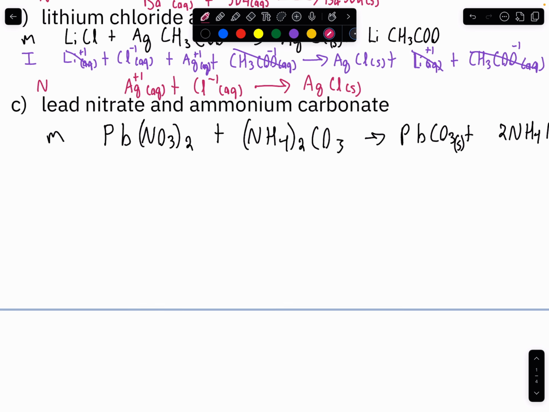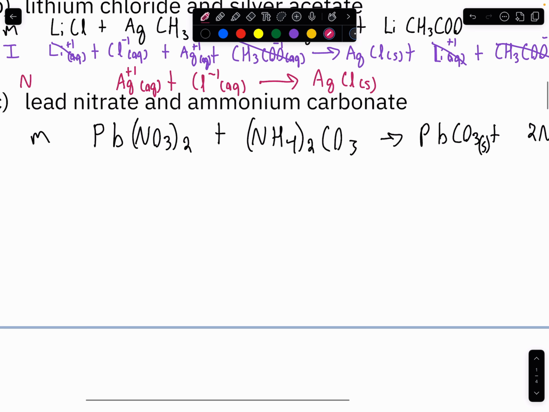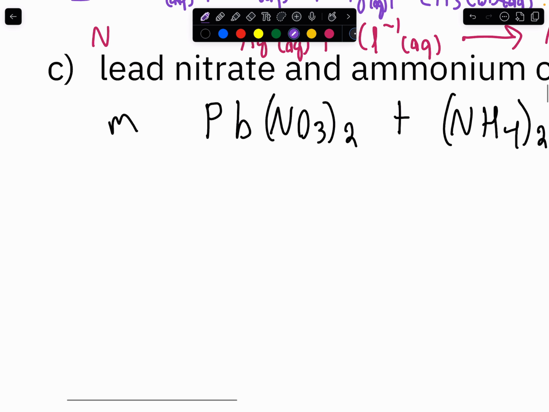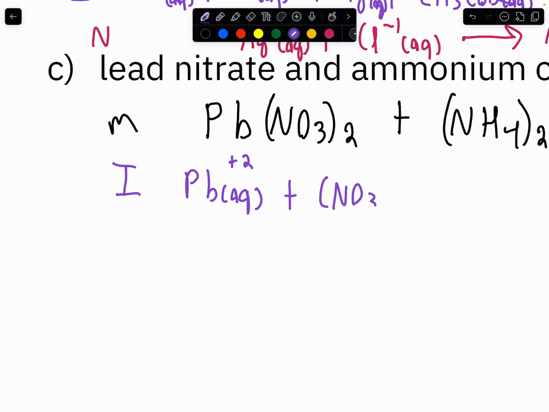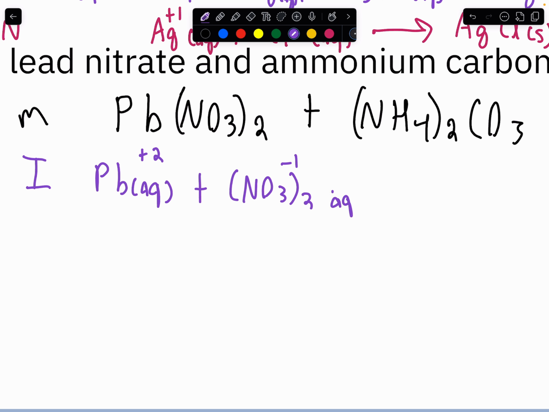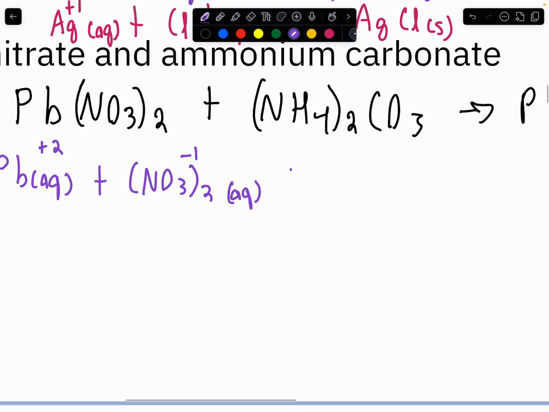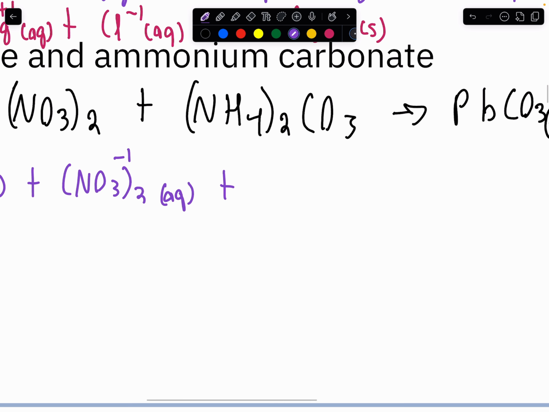And last, but certainly not least, we're going to talk about our lead nitrate. I'm going to break it up. Pb aqueous. Again, it's really just a lot of writing down aqueous. I'm going to say that this is a +2, plus our NO3, 2, -1, aqueous. You get into the habit of writing aqueous down a whole bunch of times.